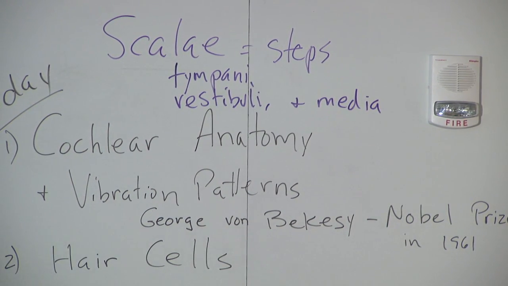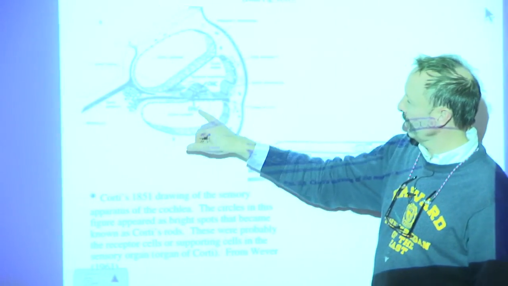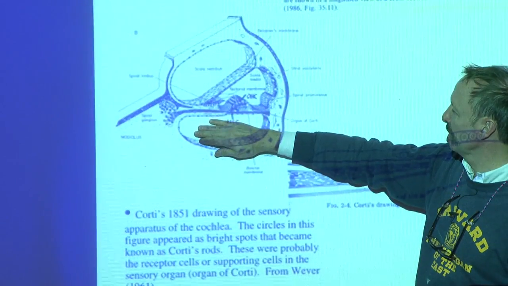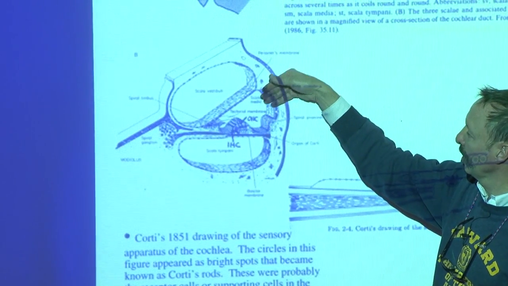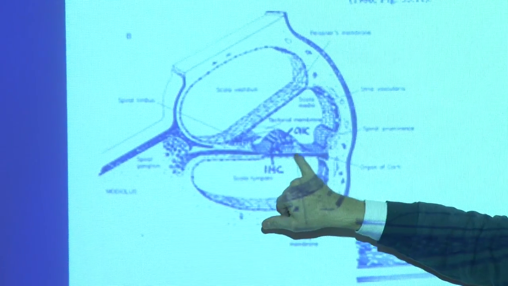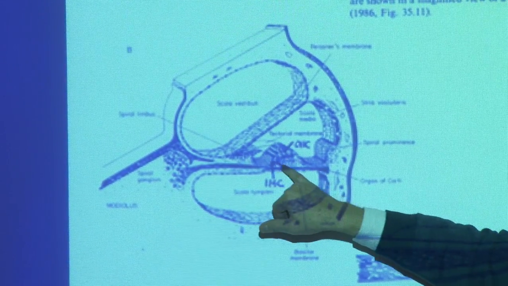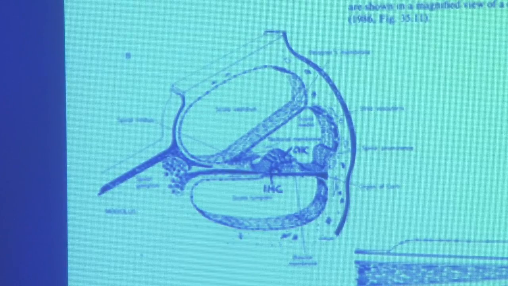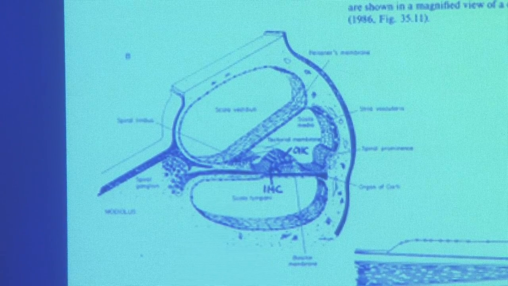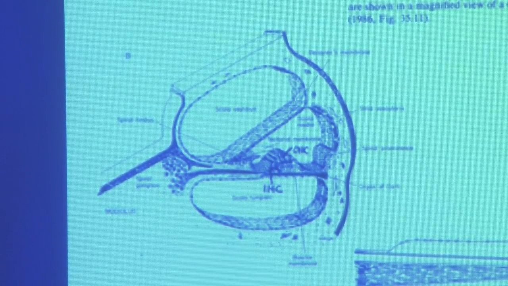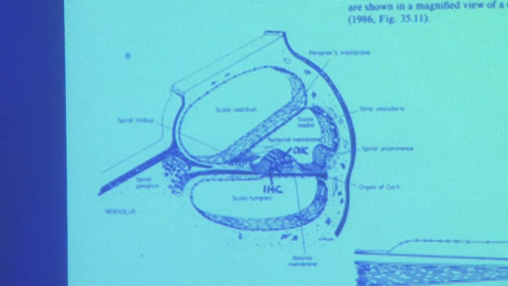And the hair cells sit on this membrane that separates scala tympani from scala media. And the hair cells here, the inner hair cells and the outer hair cells, are surrounded by a whole bunch of other cells. And that whole receptor organ is called the organ of Corti. So it says that down here, the organ of Corti.